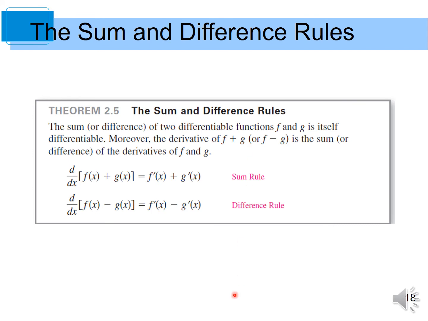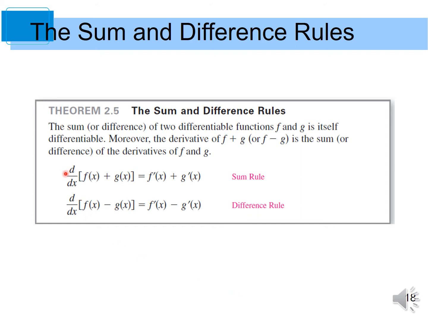For the sum and difference rules, the sum or difference of two differentiable functions f and g is itself differentiable. Moreover, the derivative of f plus g or f minus g is the sum or difference of the derivatives of f and g.